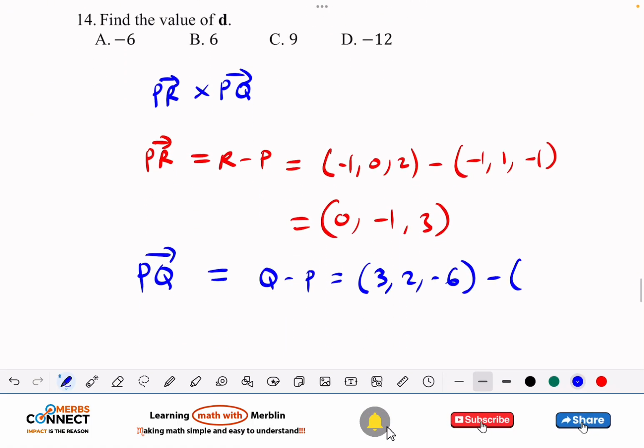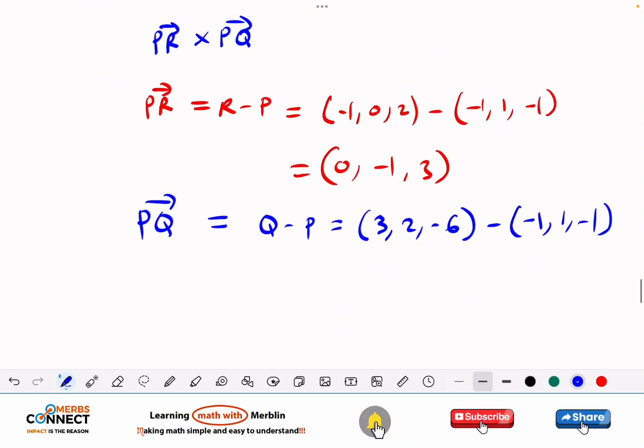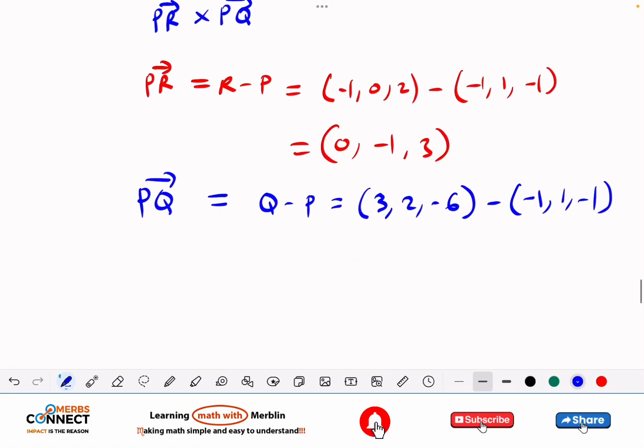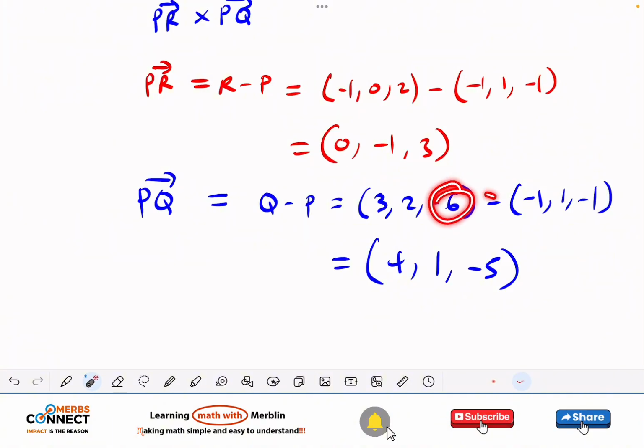And then P is minus 1, 1, minus 1, as we know. Okay. So this is going to give us 4, 1, minus 5. Is that right? Yeah, should be minus 5, because 6 minus, this will be positive and become 5 here.